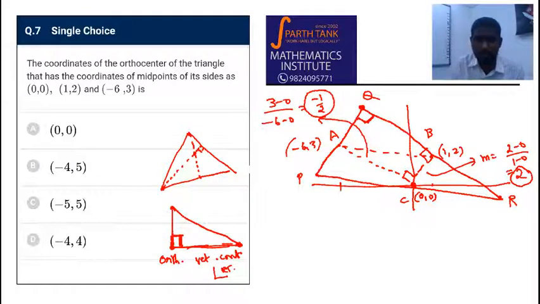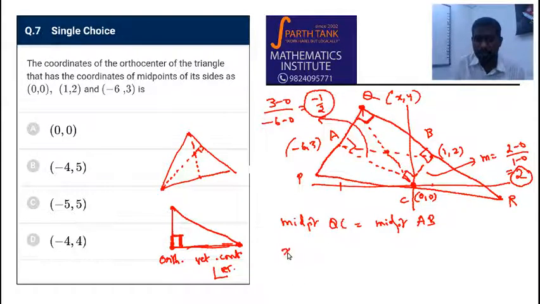How to get the vertex Q? Now you see, we have also seen that if this is 90, everything is 90, then this shape is a rectangle. In a rectangle, the diagonals bisect each other. That is, the midpoint of QC is equal to the midpoint of AB. Let us say Q is x comma y.